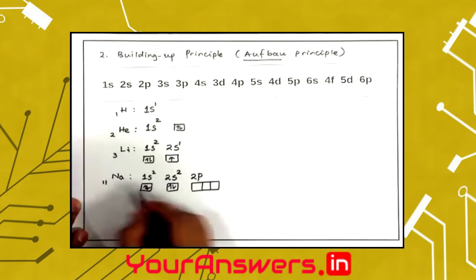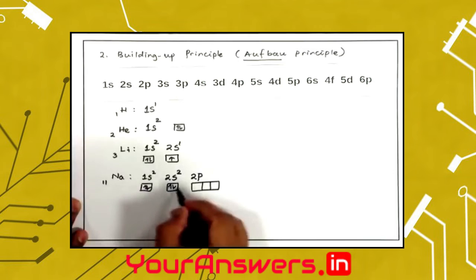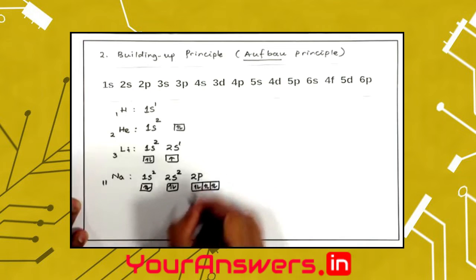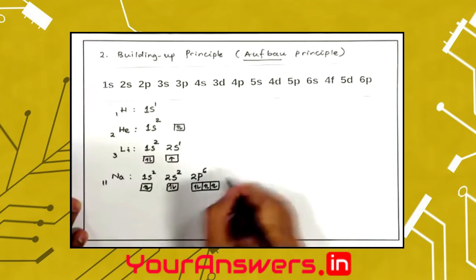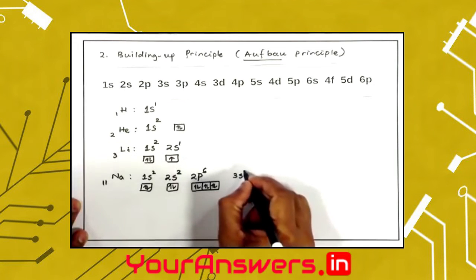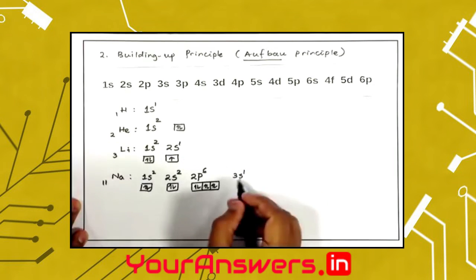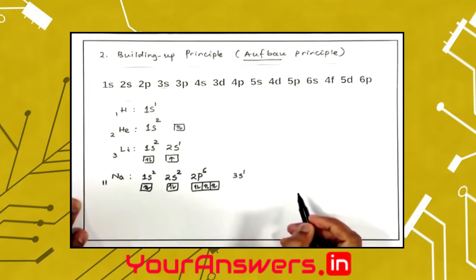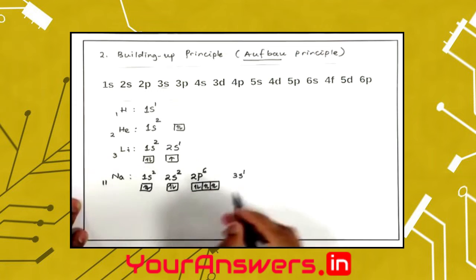I have 11 electrons, 4 are gone, so I have 7 left. I am giving all 6 to 2p, so 2p6, and then I am left with 1. I can give the last electron to the next orbital, which is 3s. In this way, I can go on building.